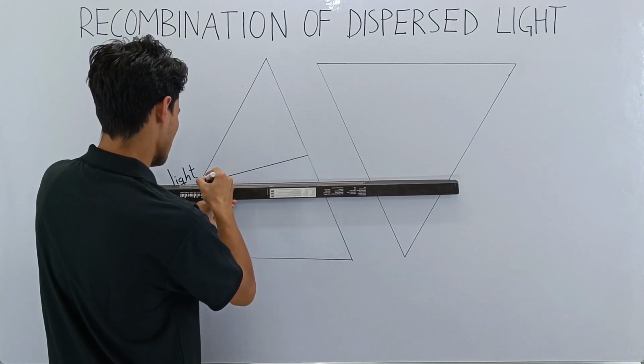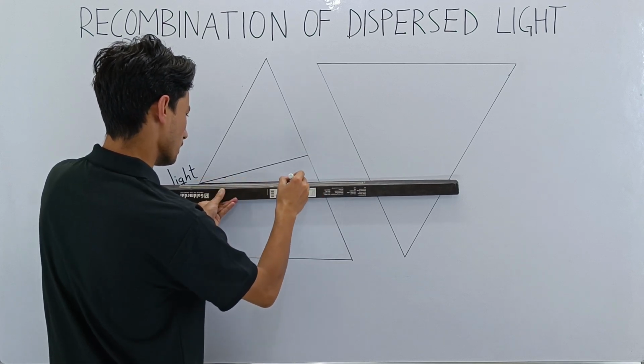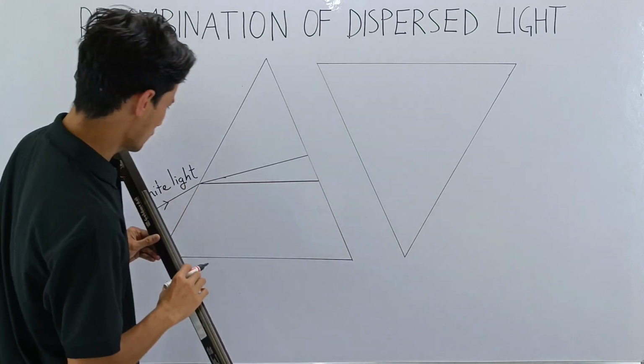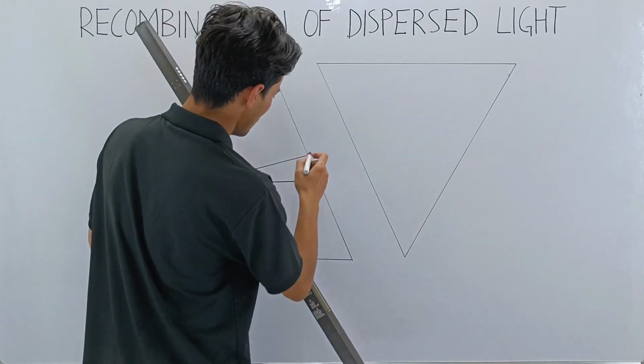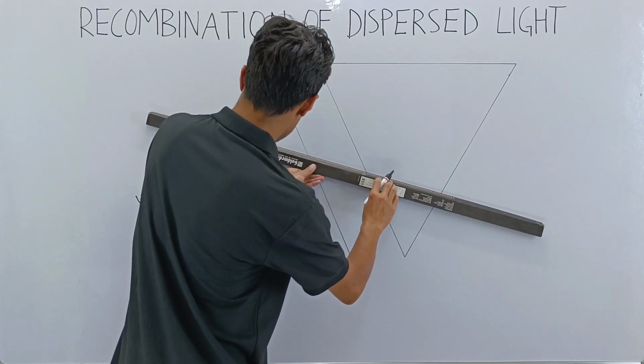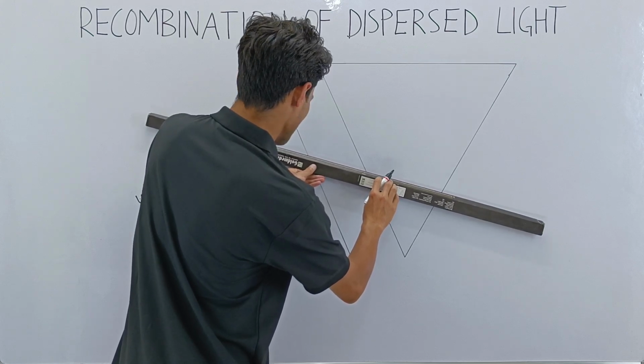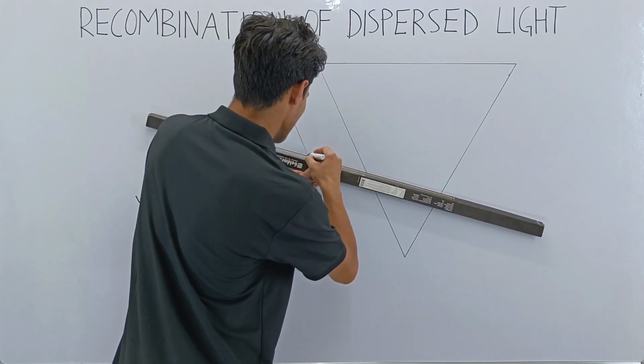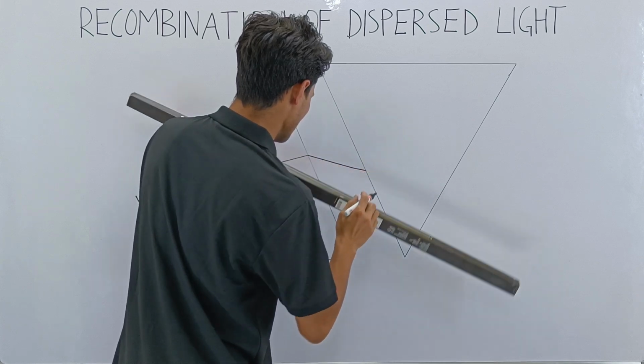This will do, I guess. All right. Then again here, they will bend more. So more bending will take place here. So let the rays bend a little bit.